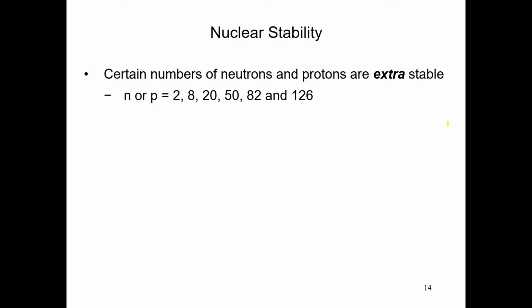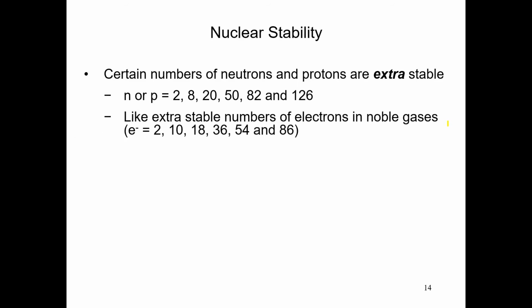It's kind of similar to when we studied the elements on the periodic table and found that certain elements that had a certain quote unquote magic number of electrons were more stable, the noble gases, right? 2, 10, 18, 36. So this is something similar, kind of like a magic number.